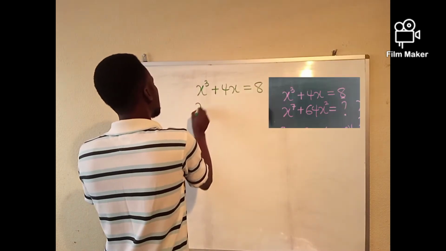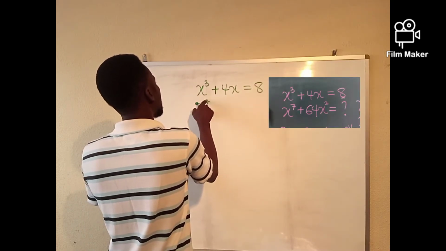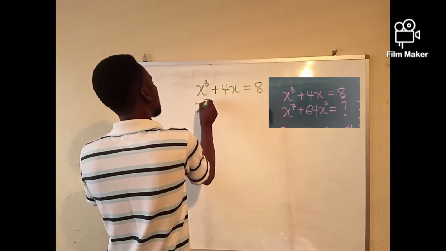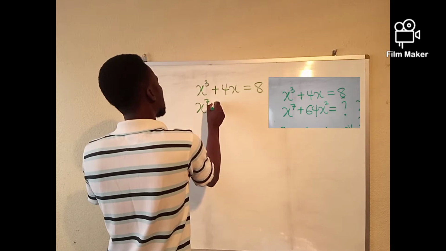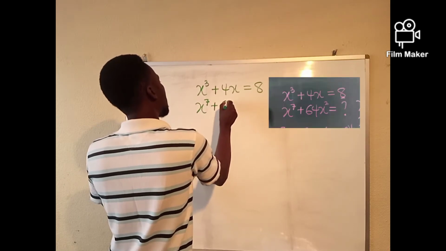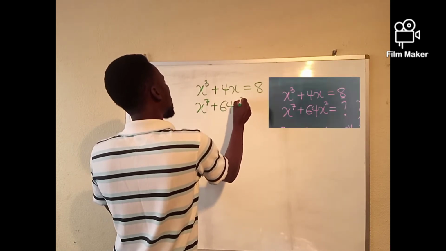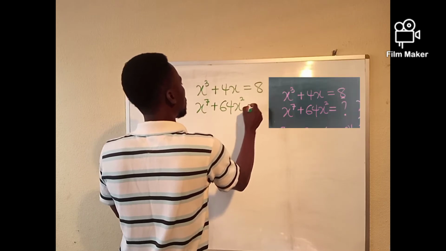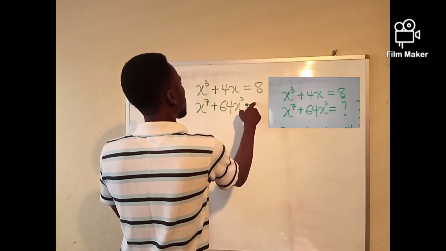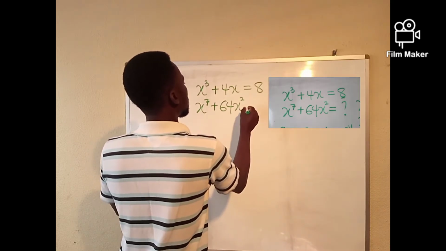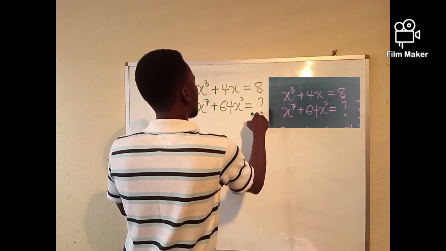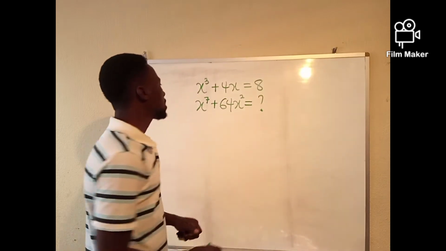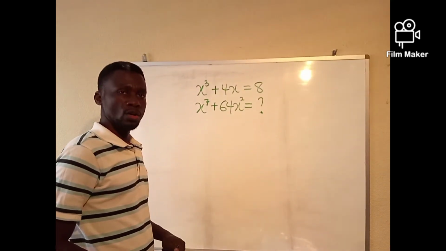And then the question is x to the 7th plus 64x squared is equal to what? So this is equal to question mark. So we are to find what the expression x to the 7 plus 64x squared will give us.